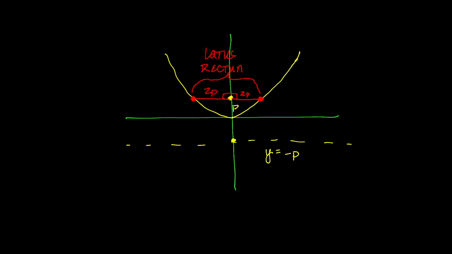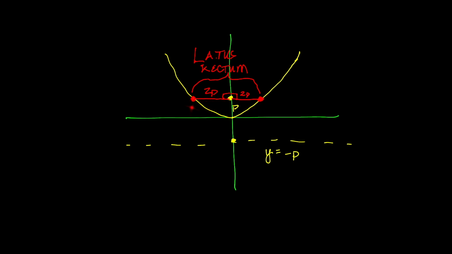Let me make that look more like latus, L-A-T-U-S. Gotta erase a little bit right there. So latus rectum. It's got to be Latin for something. What, I do not know. So anyway, it's also called the focal diameter. So this is the focal diameter, from here to here.